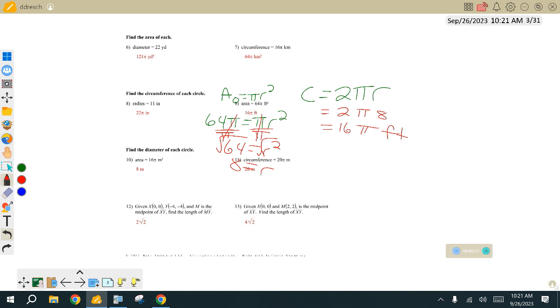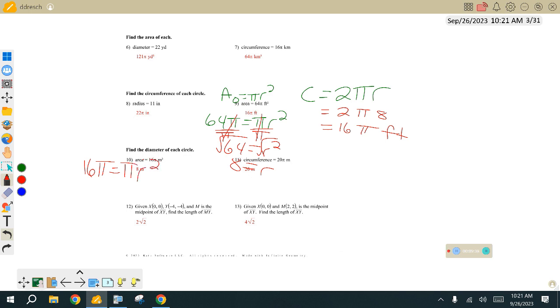Okay, give me the diameter. Now, diameter is not a formula there. Diameter is just diameter. But on number 10, it says, hey, given the area, find me the diameter. So we're going to do the same thing we did right here. We have the area, we got to work it backwards. The area of a circle is pi r squared.